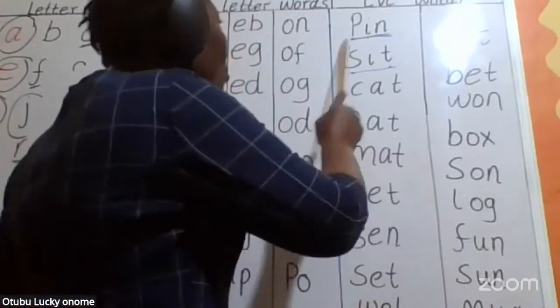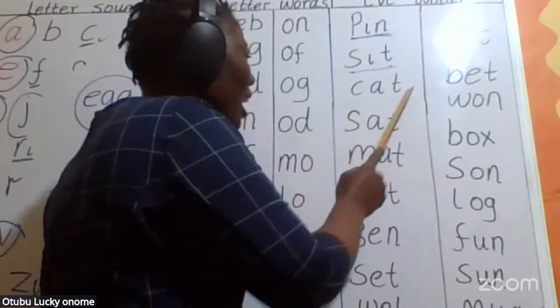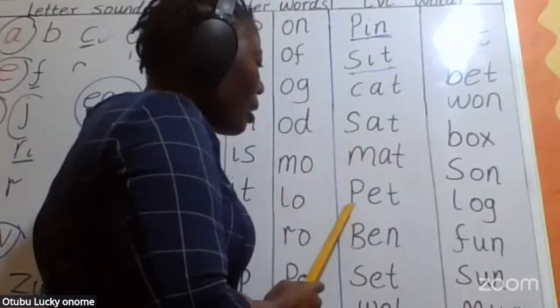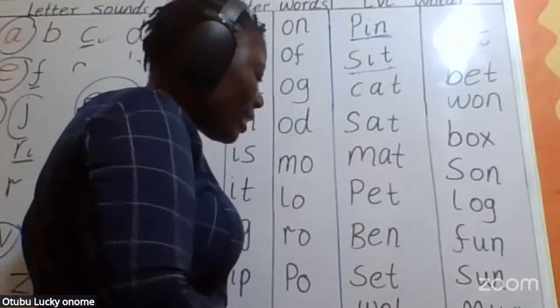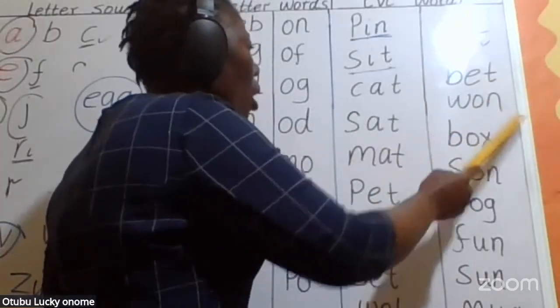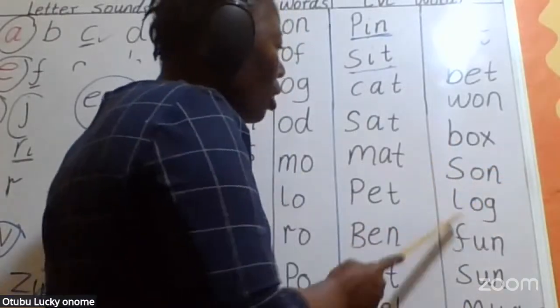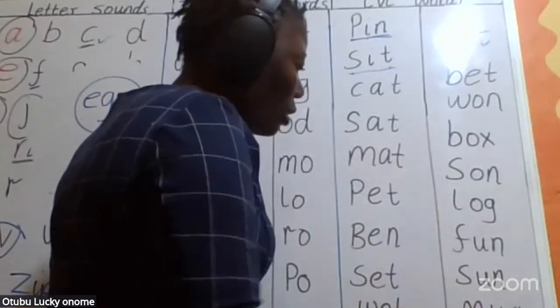So we have pin, sit, cat, sack, mat, pet, Ben, set, wet, bed, one, box, sun, log, fun, sun, mug.